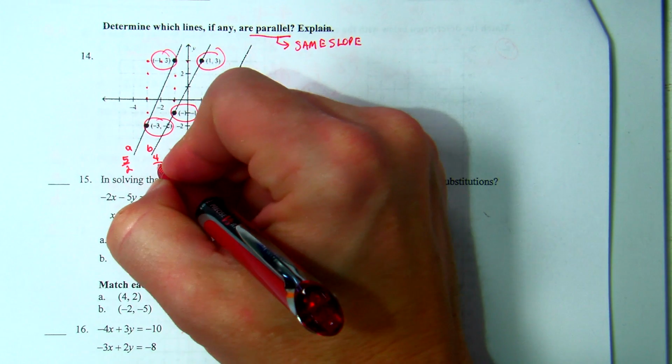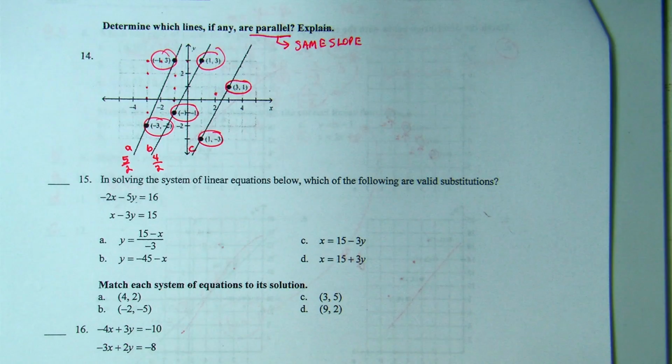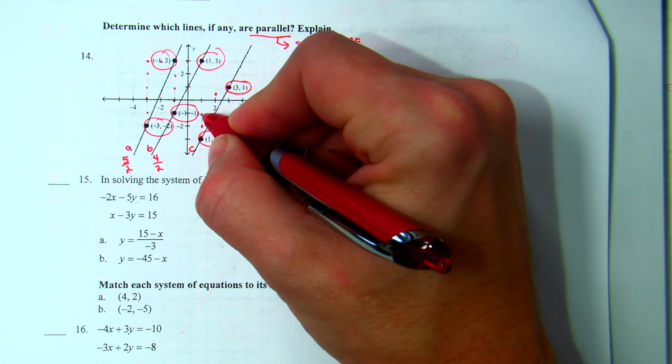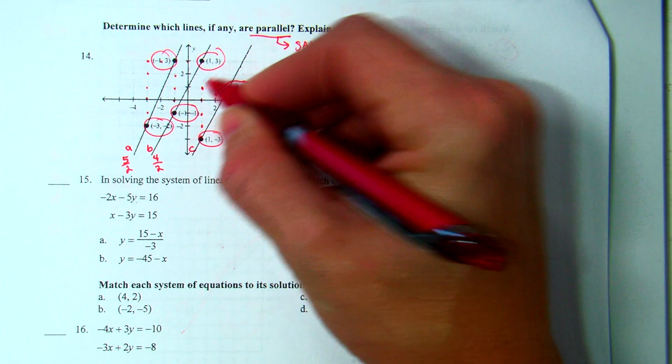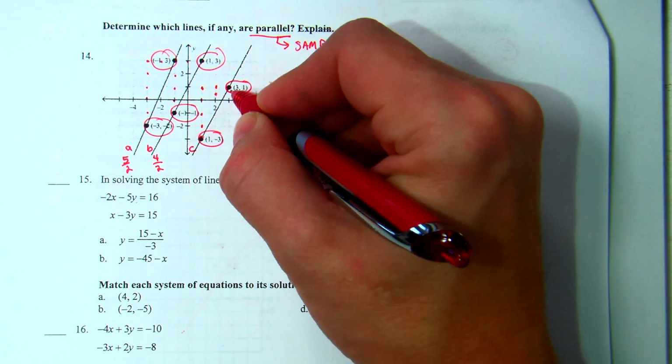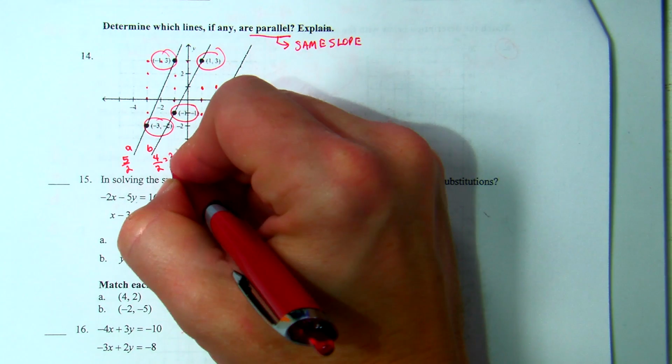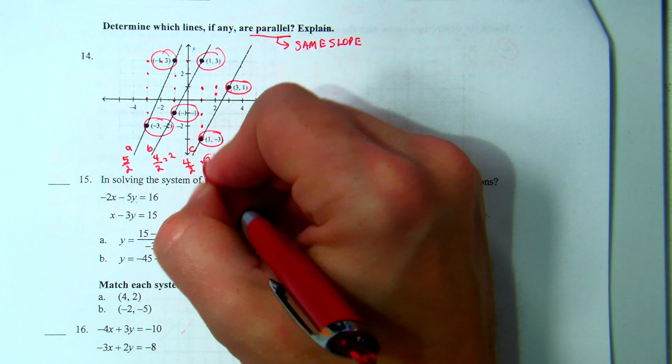So we went up 4, and we went over 2. We say it, then we write it, right? Then we go to C. We go up 1, 2, 3, 4, over 1, 2. So from here to there, we also have a slope of 4 over 2. This is the same thing as 2.